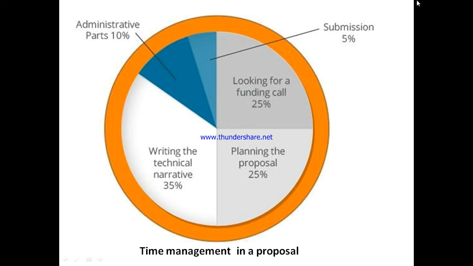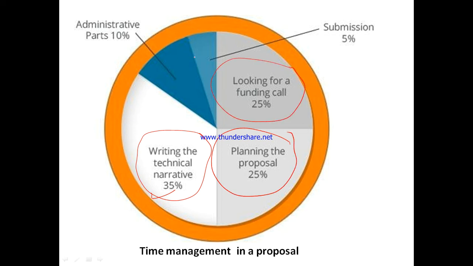Your technical writing skills will take 35%, the major concern area. To summarize: writing the technicals requires 35%, planning of the proposal 25%, looking for the funding cost 25%, 10% is administrative work, and 5% of time goes to submission of proposals.